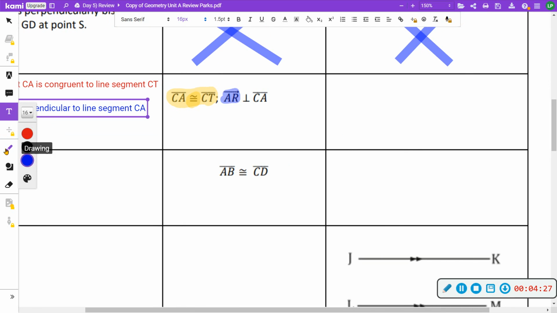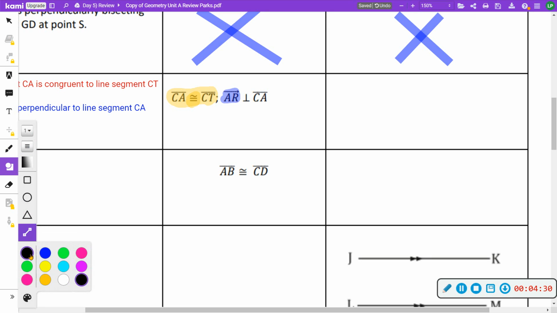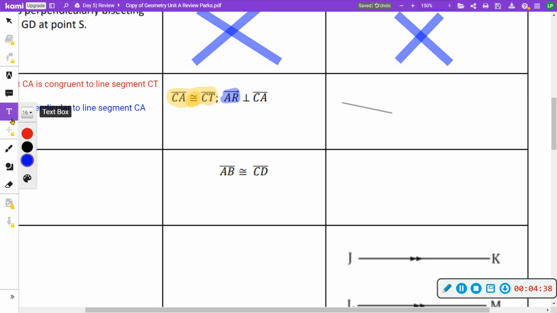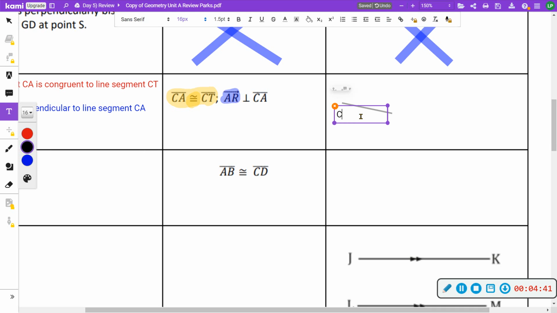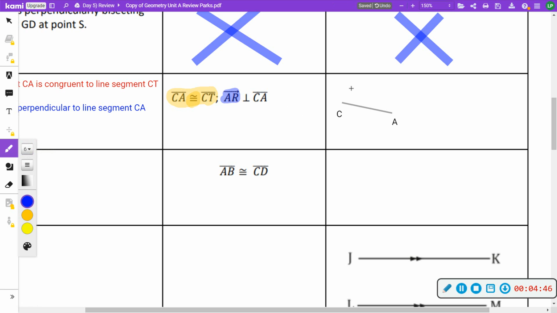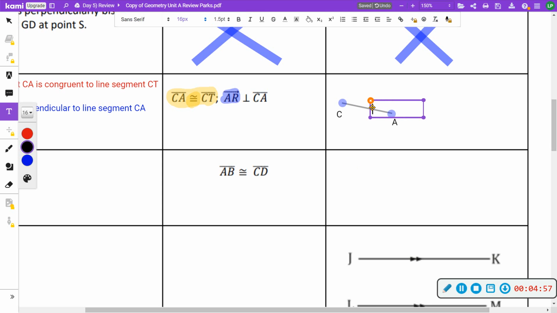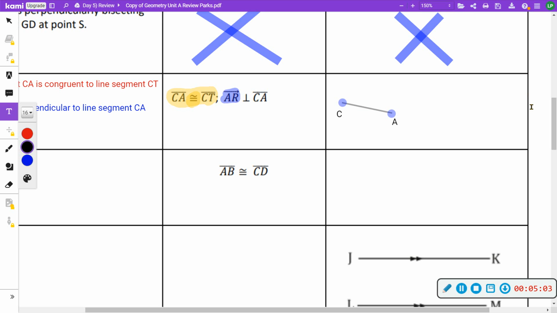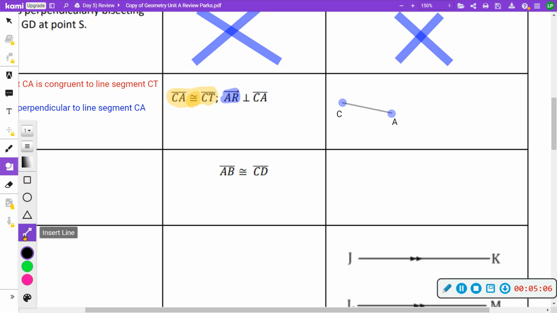Now if I was to draw this picture, so I'd make C to A, and we don't know what it really looks like, but I'll just draw C to A, and I'll label that point C, and that point A. There's my point C, there's my point A. But what we want is a line that's the exact same length.